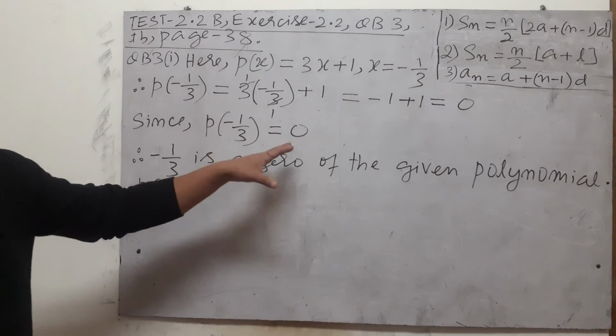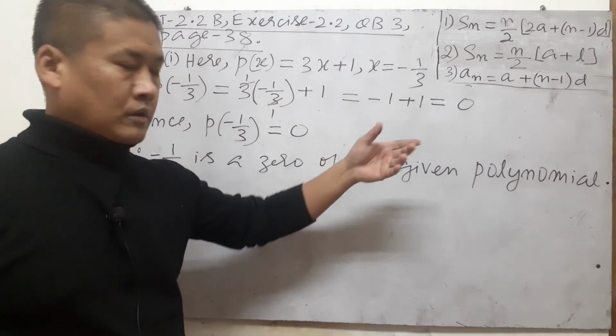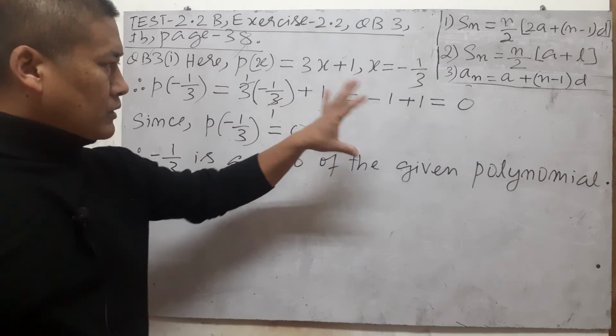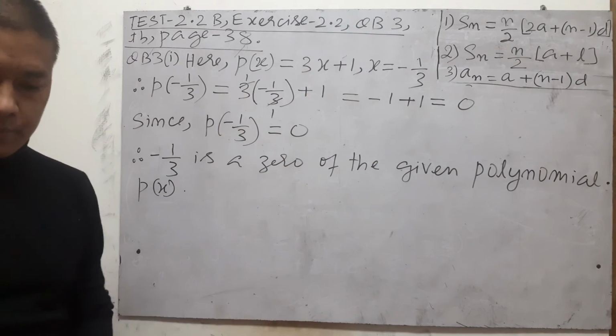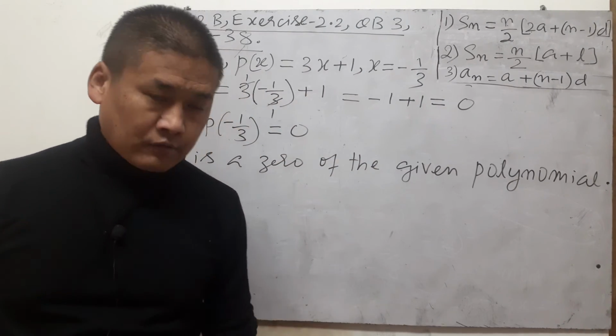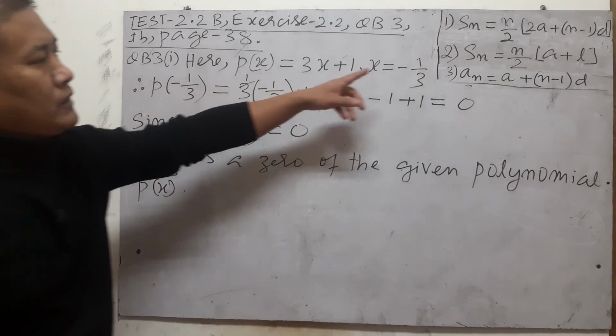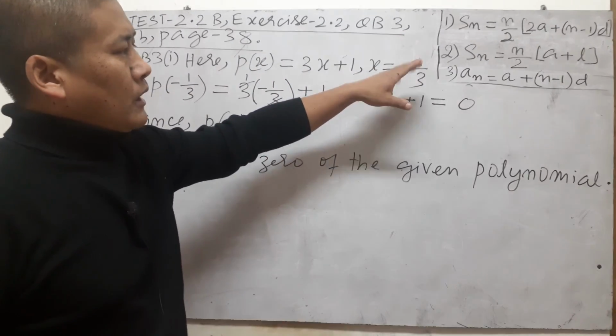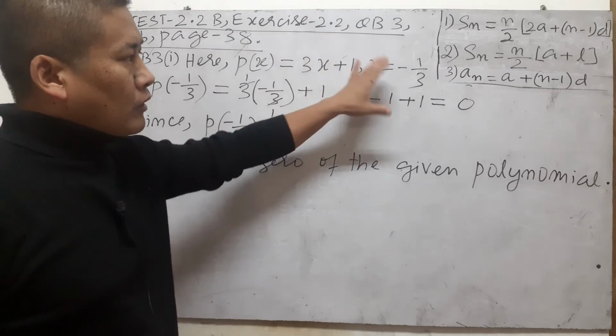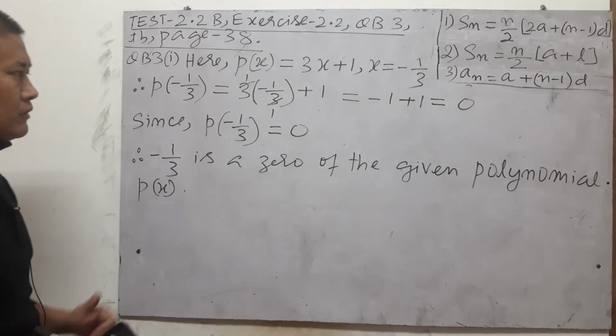So if it is equated to 0, then that is a 0 or a solution. If it's not equal to 0, then it will not be a 0. We have to check whether the given value x equal to whatever is a 0 of the given P of x or not a 0. So in this case it's a 0.